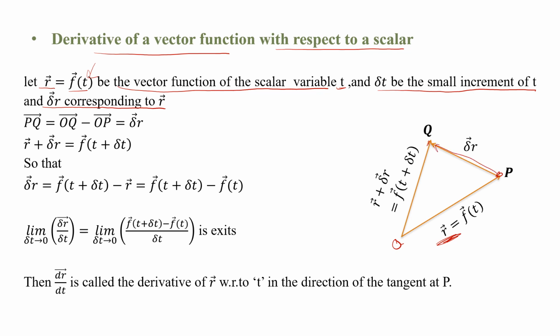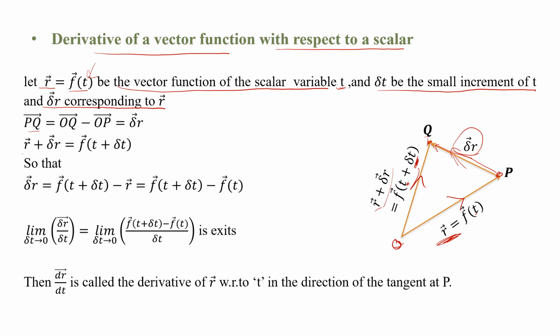So here the vector r plus del r is equal to f of t plus del t, where there is a small increment in t. In that case, the vector pq is oq minus op, so we get the vector del r.